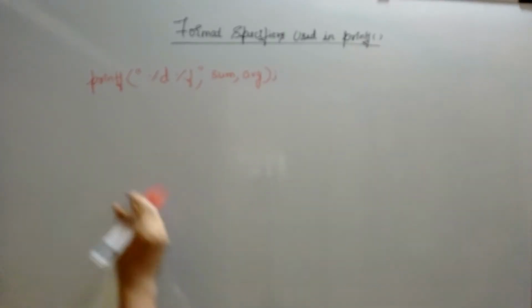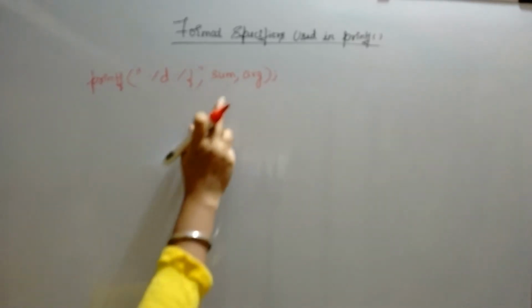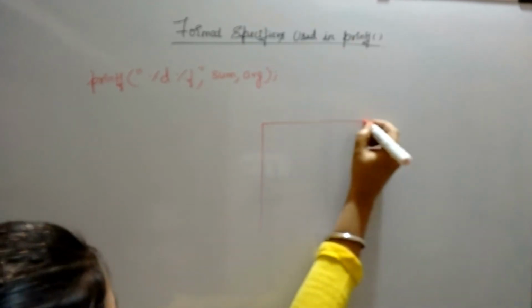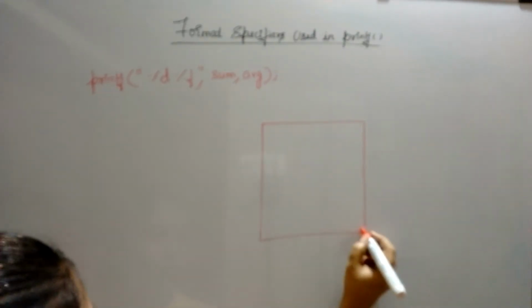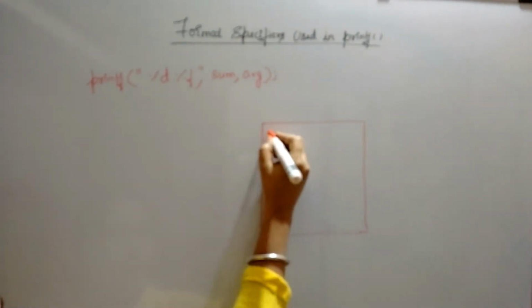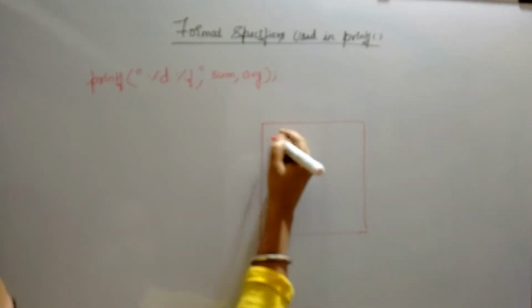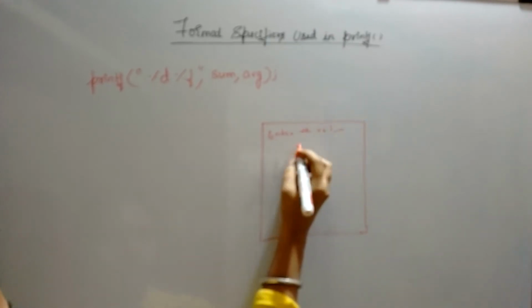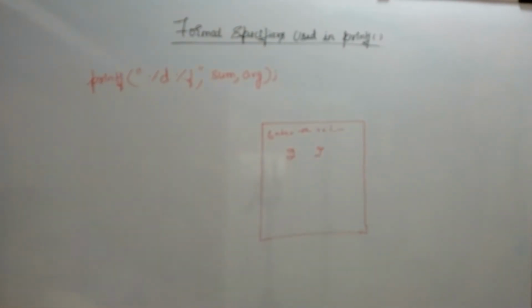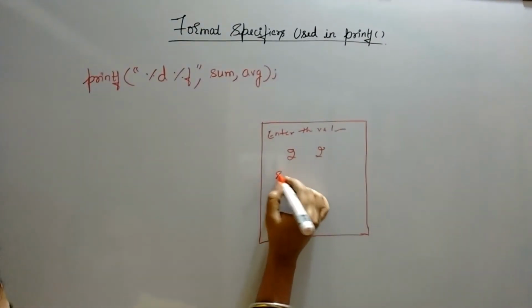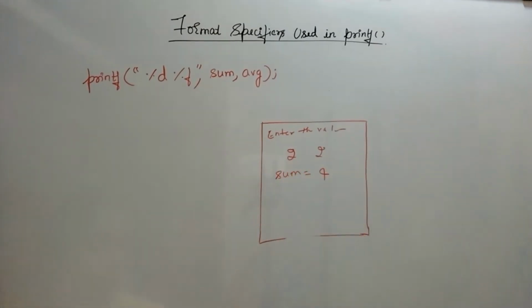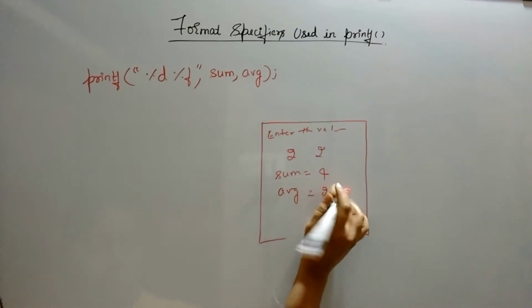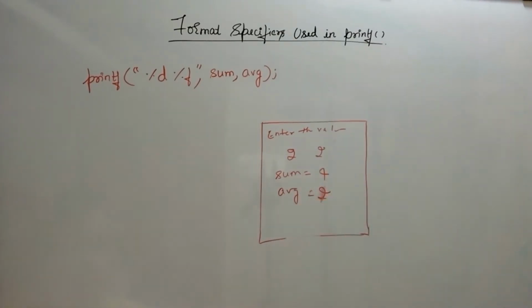In the previous video we wrote the program to calculate the sum and average of two integer numbers. See, in your output screen, when I give values, there will be a statement like enter the value. If you give the input values, it will calculate sum is equal to 4 and average is equal to 2.